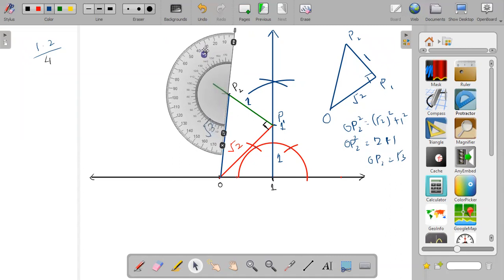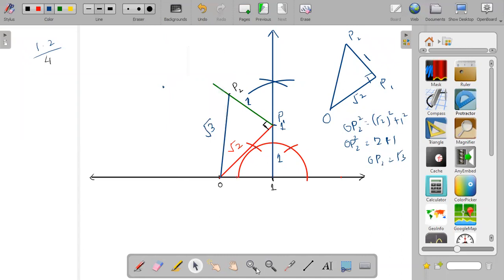Just put the protractor like this and take a point here at 90 degrees. Then join it. This is the perpendicular. The extra length of this point you can remove later on, and if you leave it, no problem.